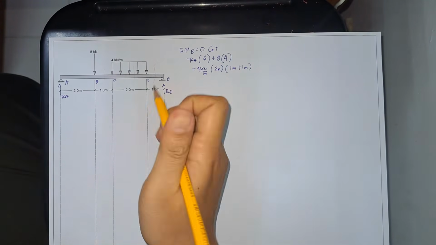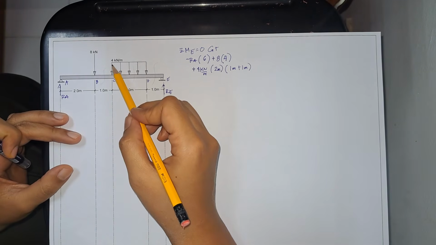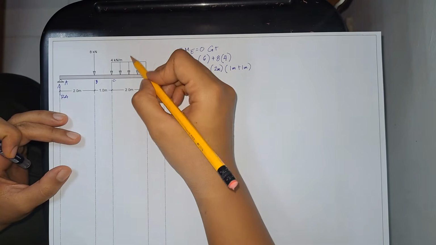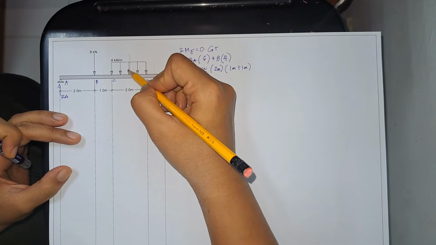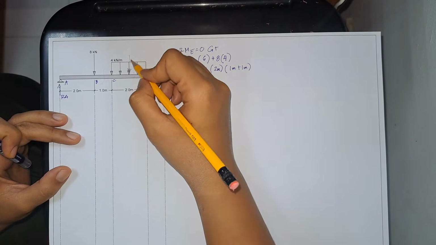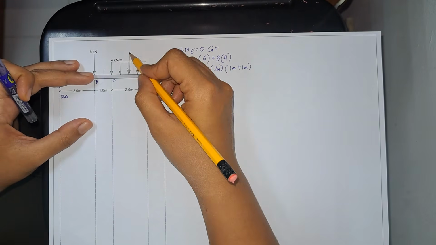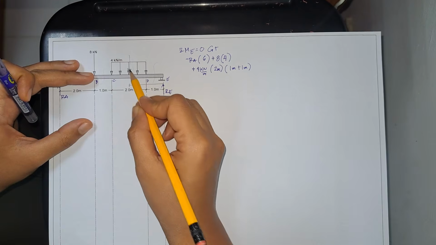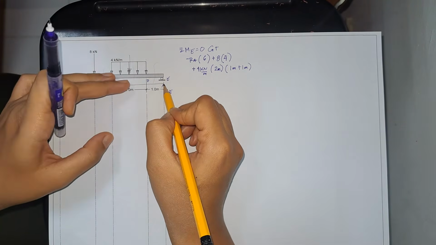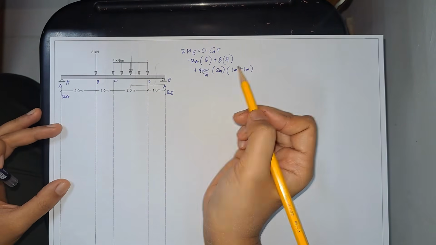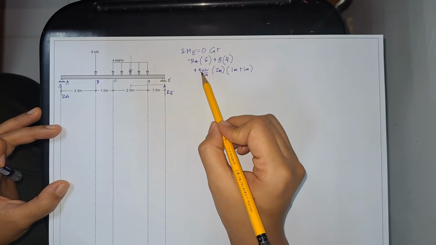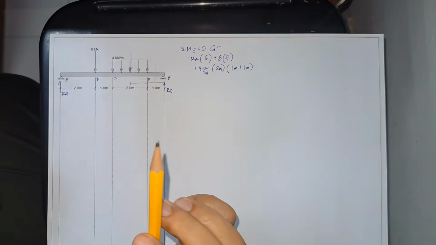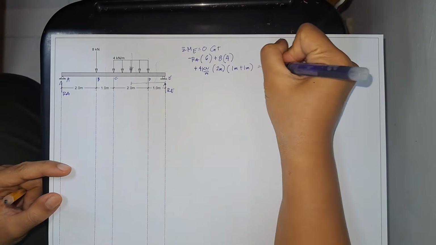So just a review, if meron tayo ditong uniformly distributed load, again, you need to convert it, kunin mo yung equivalent na concentrated load, and then you need to identify the centroid para malaman natin kung anong magiging moment arm. Okay? So area, so we have 4 multiplied by 2, tapos yung moment arm is 1 plus 1. Okay? Is equal to 0.